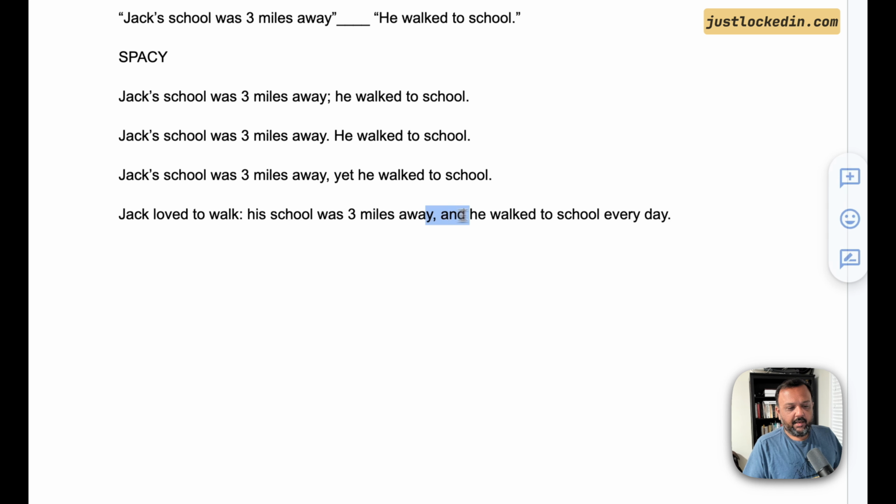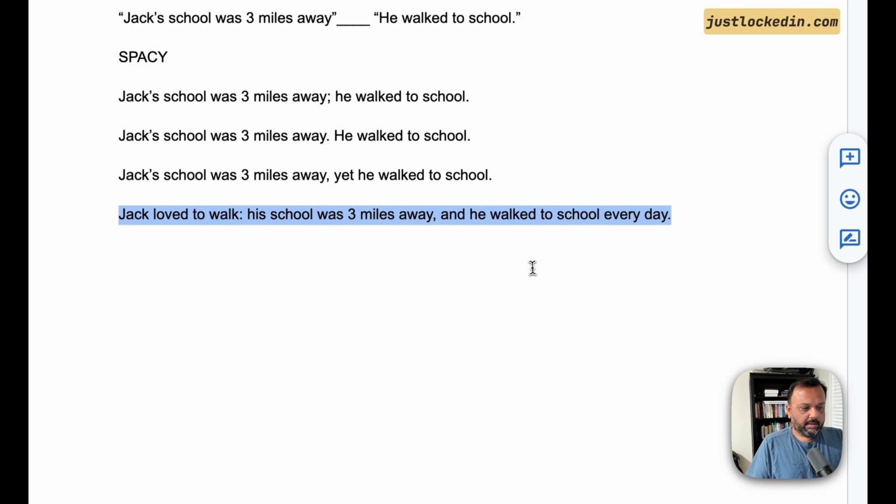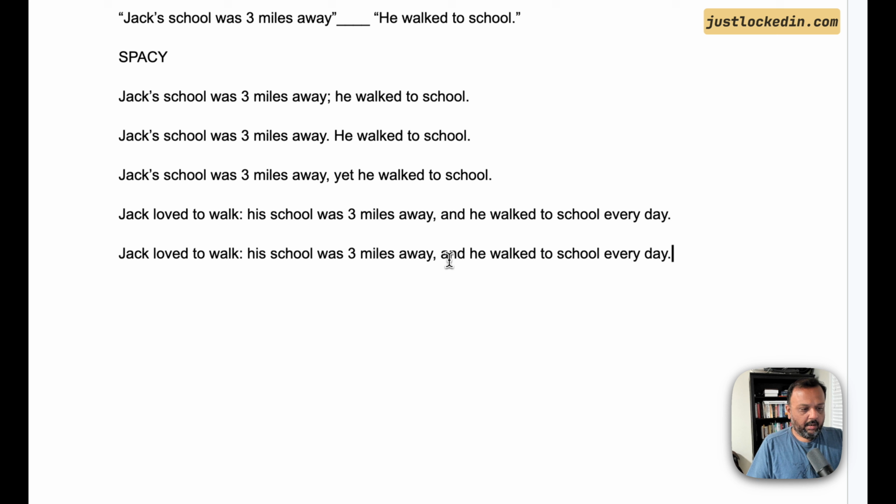If you notice, here is another connection of independent clauses. "His school was 3 miles away" is a valid independent clause. "He walked to school every day" is also a valid independent clause. And we joined them with a FANBOYS conjunction and a comma. So in fact, these are two examples in the same sentence. And because we have the colon, you could also use an em dash.